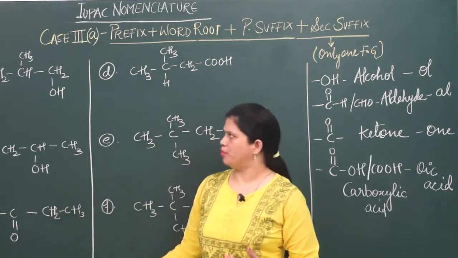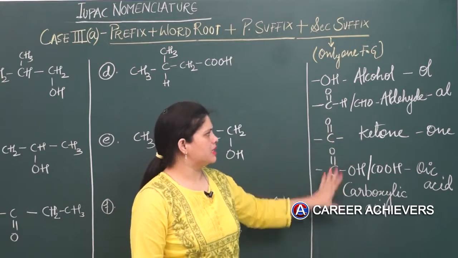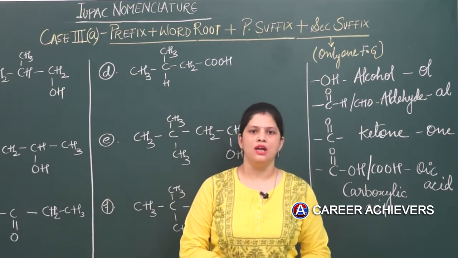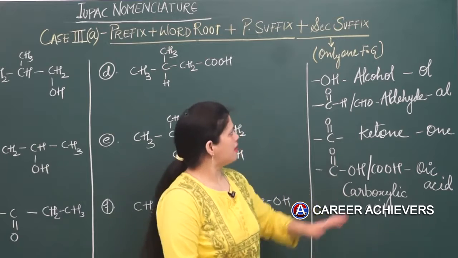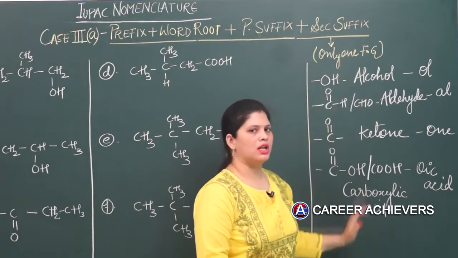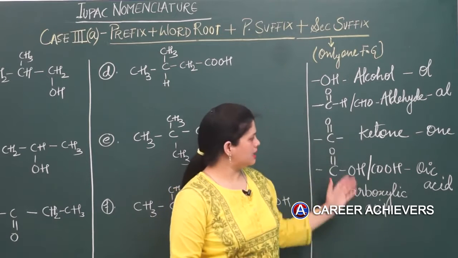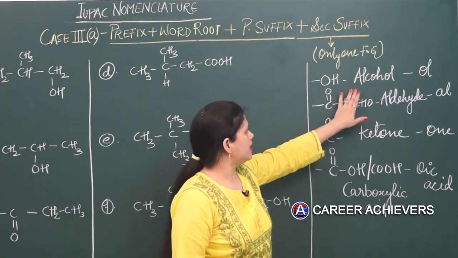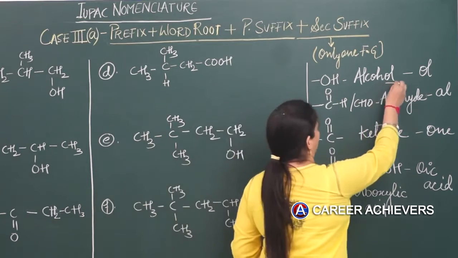On this part of the board, with respect to the examples I have covered, I have rewritten certain functional groups so that you have an idea, when you write the name, of which ending to use for the secondary suffix when a functional group is present in the molecule. If the functional group is alcohol, OH, then your name would end in OL.